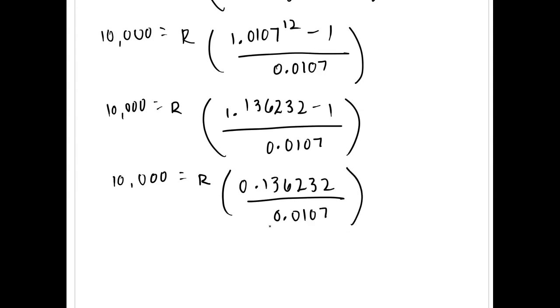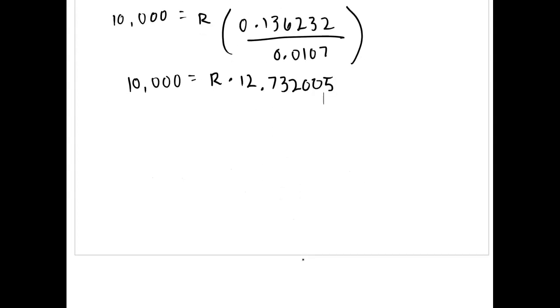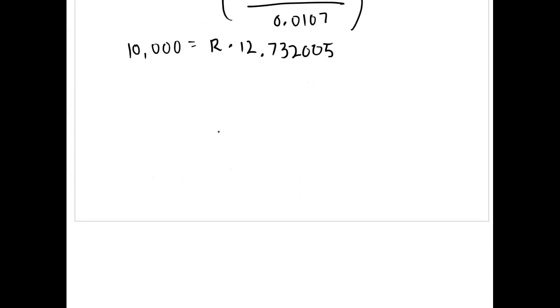At this point, I will divide those two quantities. So that solution is 12.732005. Now I switch gears from simplifying to solving for R. To solve for R, I can divide both sides by 12.732005.